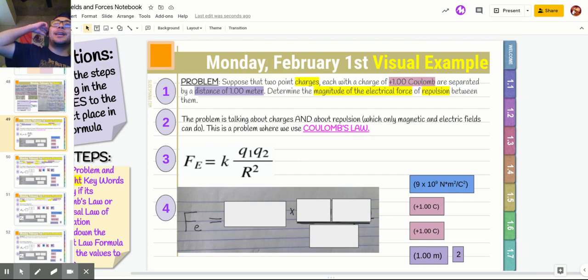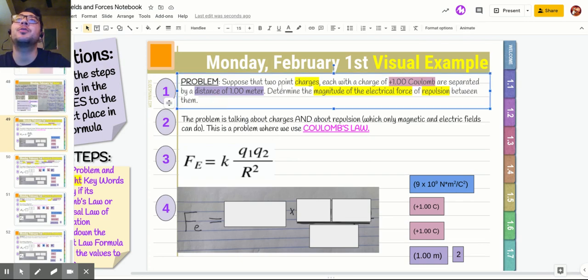Okay, so the problem is, look at the first problem. The first problem is, suppose that 2 point charges, each with a charge of positive 1 Coulomb, are separated by a distance of 1 meter. Determine the magnitude of the electrical force of repulsion between them. Okay. Now, the first step was to read the problem and highlight keywords.